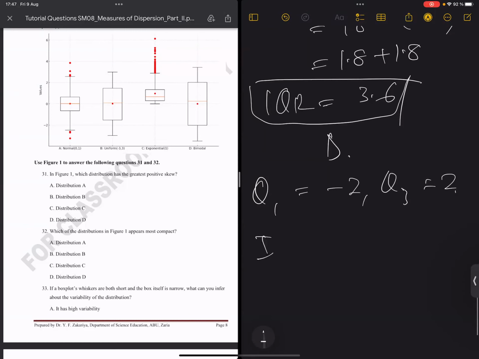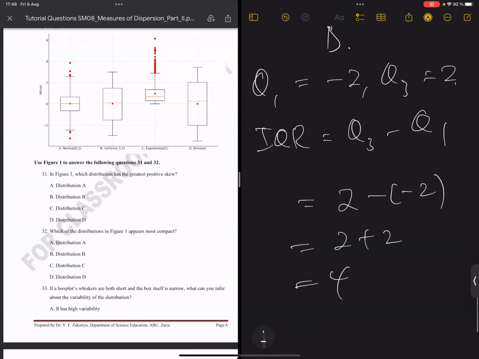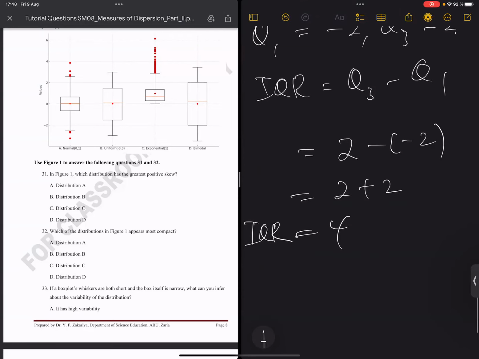So IQR equals Q3 minus Q1, which is 2 minus -2, which is 2 plus 2, which equals 4. You can see this is bigger. So the most compact distribution is actually the first one. Thank you very much.